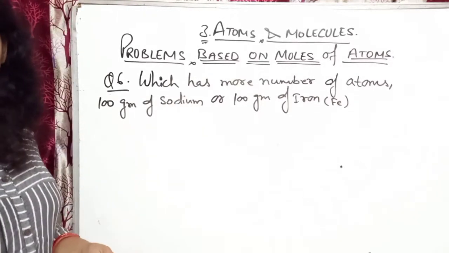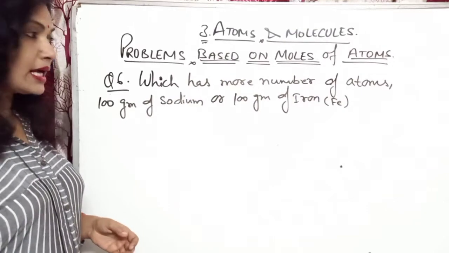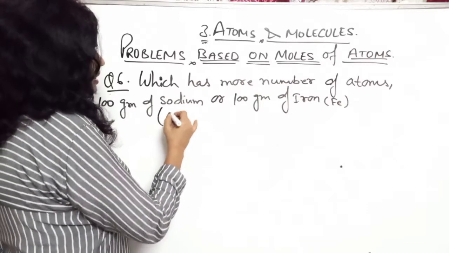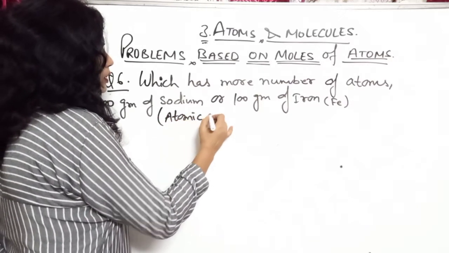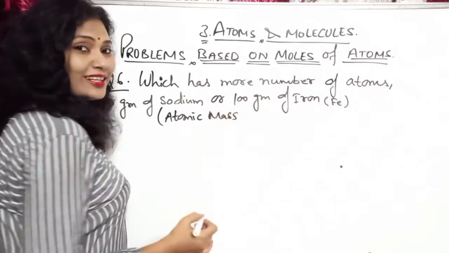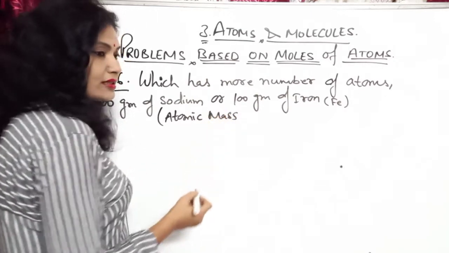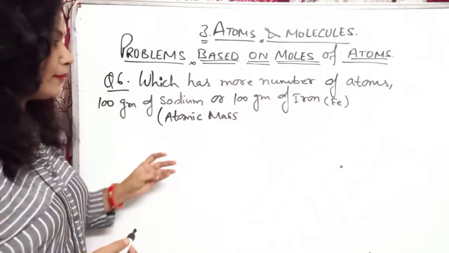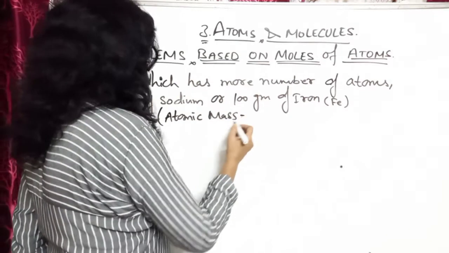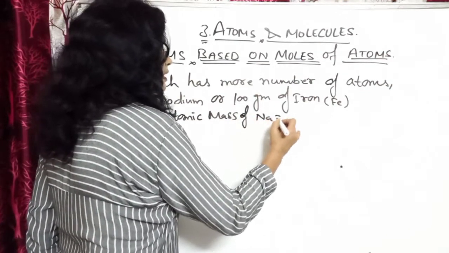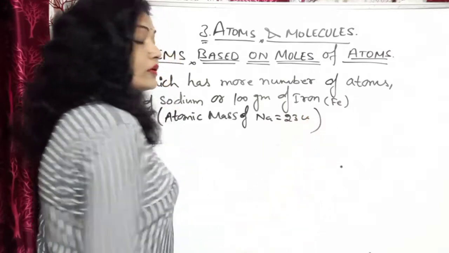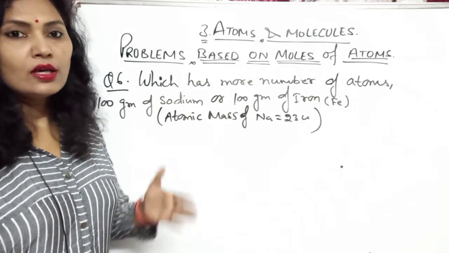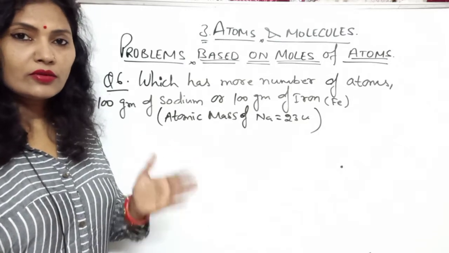Now, the atomic mass of sodium will be given in the question. Atomic mass is generally double the atomic number, though some rare cases are not double, for example aluminum is 27 gram, sodium is 23 U, zinc is 65, and chlorine is 35.5.